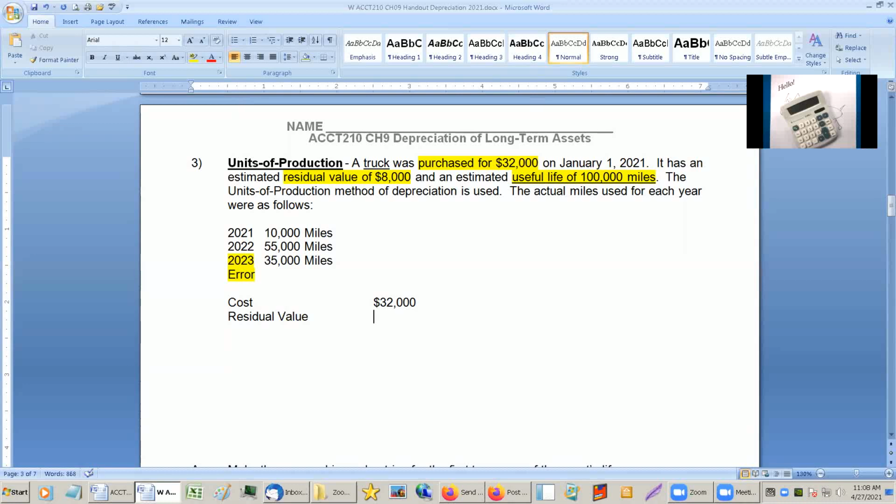So it's going to go down from 32 down to 8,000, and this will give us our depreciable amount.